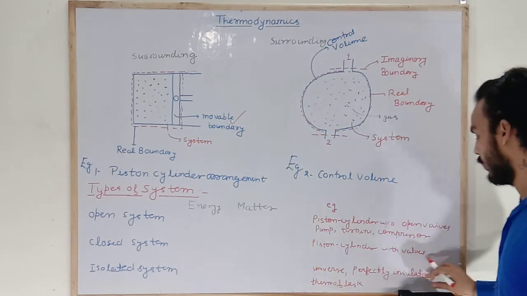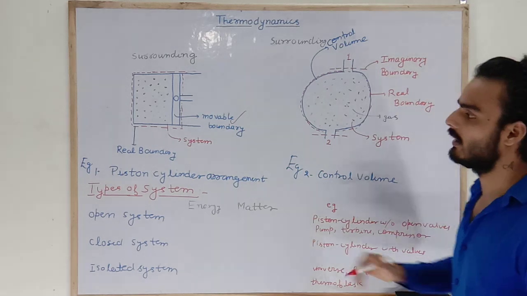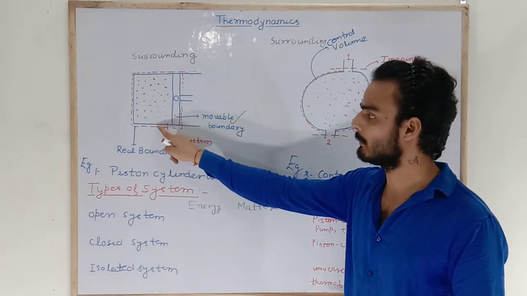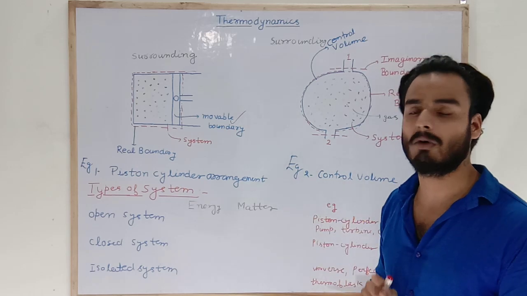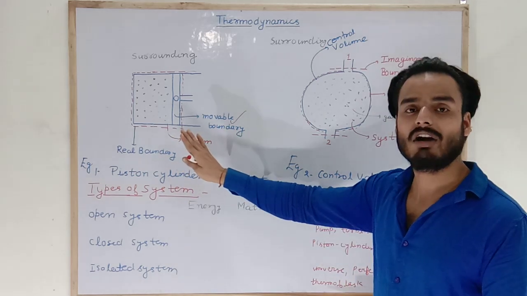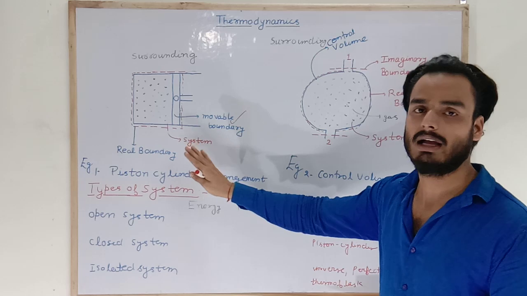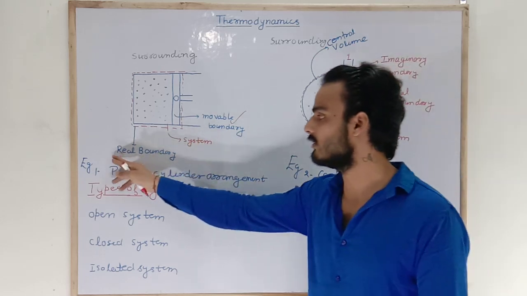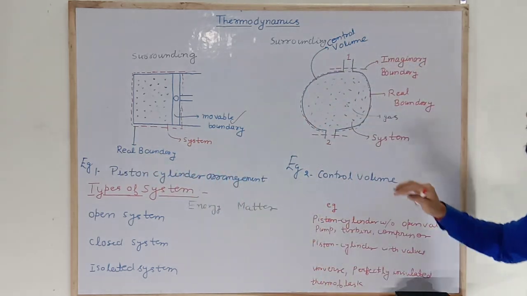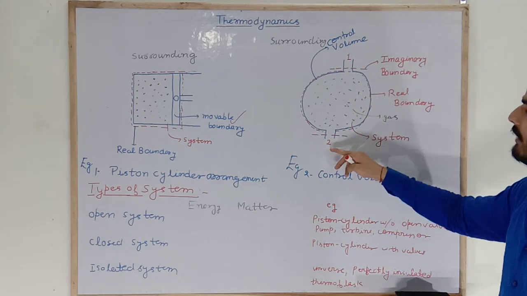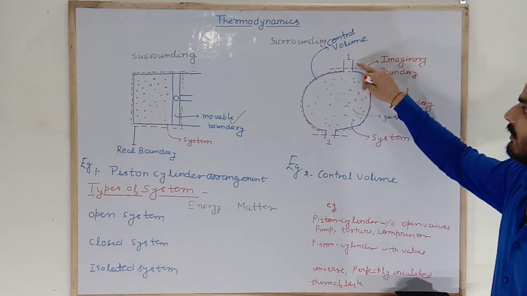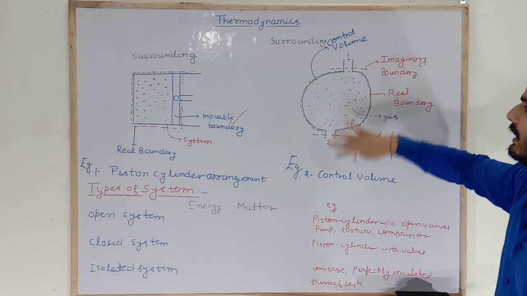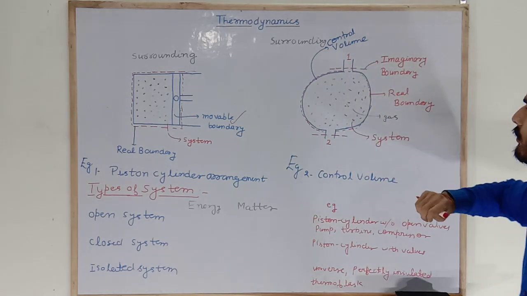Now about the real boundary. This blue line is your real boundary, or you can say a fixed boundary, because it is fixed. What you can see is real, so this is a real boundary. Now in example 2, we have imagined two boundaries: these are two gates, an inlet and an exit, so there are two gates in the control volume.